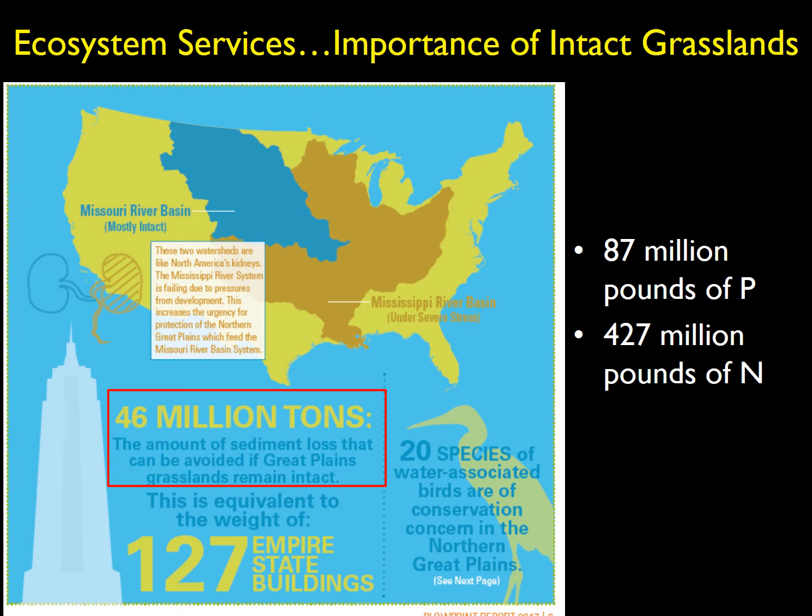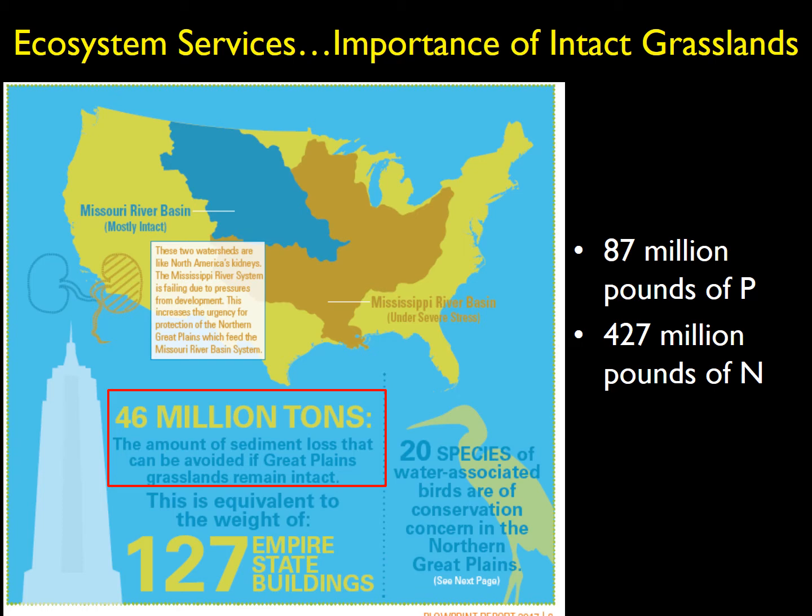And remember, sediment loss is a problem not just because it gets into our rivers and streams and causes pollution there, but of course that's the topsoil of our important agricultural regions as well. So that kind of erosion is a huge negative impact on both fronts.